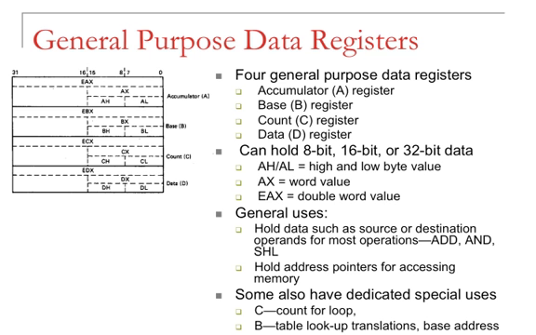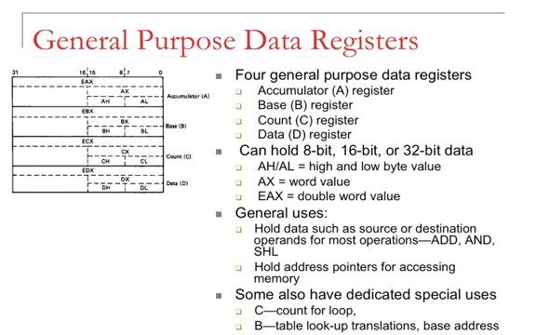We come back to the general purpose data registers, and I explained to you that we have 4 general purpose data registers, A, B, C, D. We give them names: accumulator, base, count, and data. These names don't really matter that much.